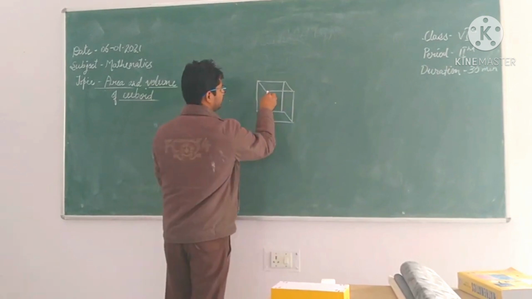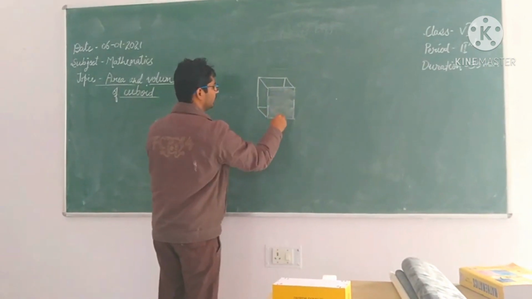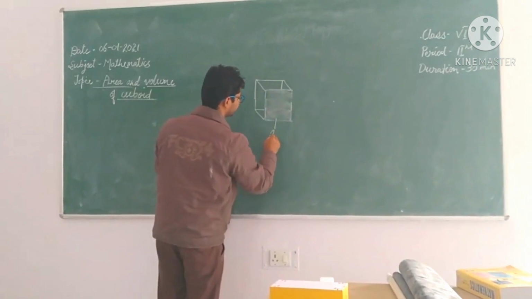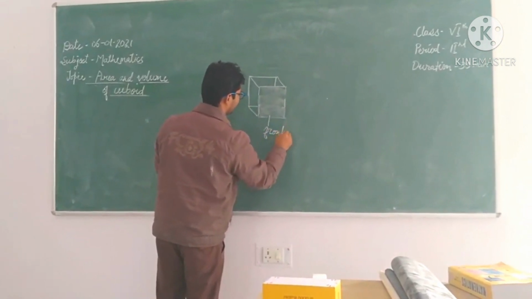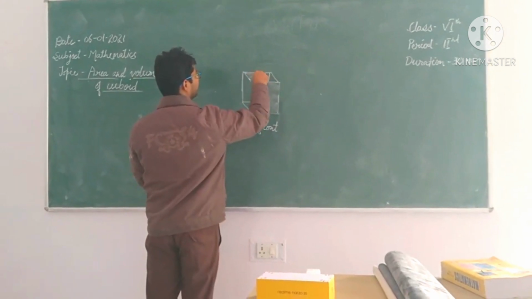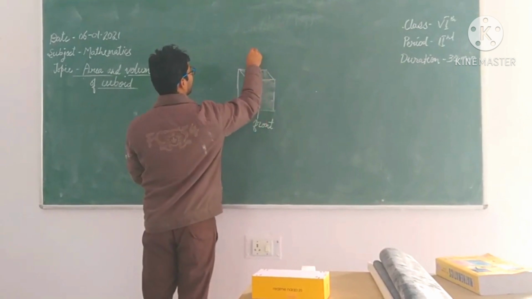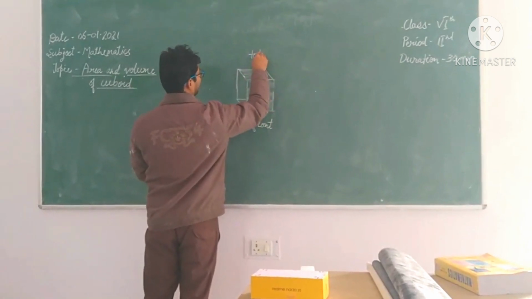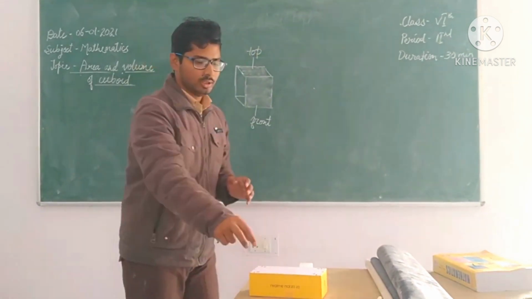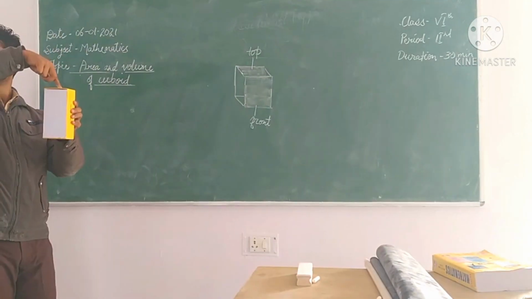So this is a cuboid. It is the front face of the cuboid, and this is the top face. As you can see in this box, this is the front face, and this one will be the top face.